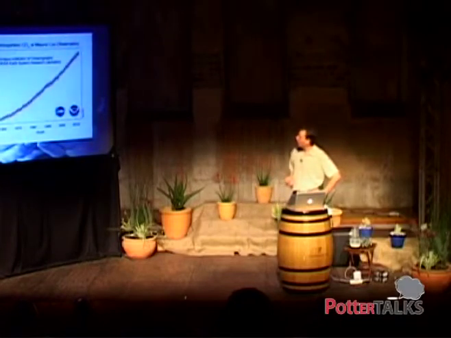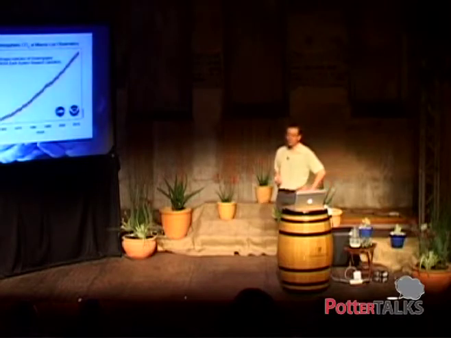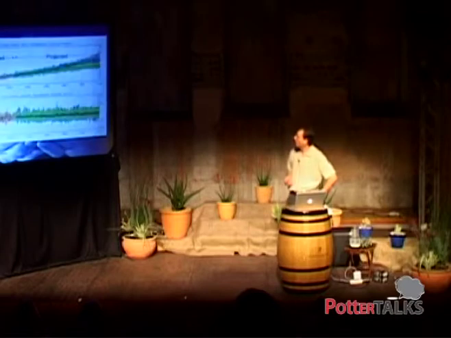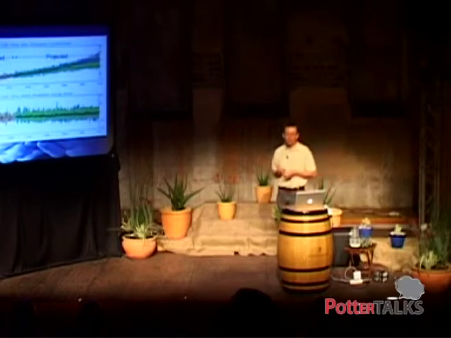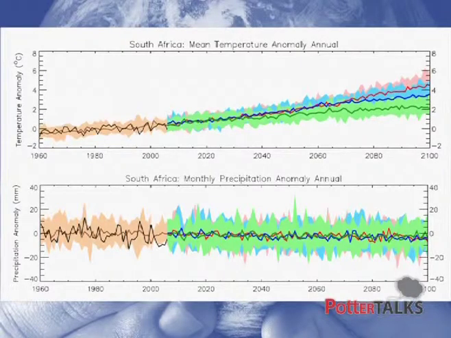What does it mean going forward in time? Well, that depends a lot on society, obviously, and what happens to future emissions. But we can think of a number of different possibilities, and that's shown in that top graph for temperature change over South Africa. So the brown section of the curve is what we've experienced. That's the climate risk that we've already caused.